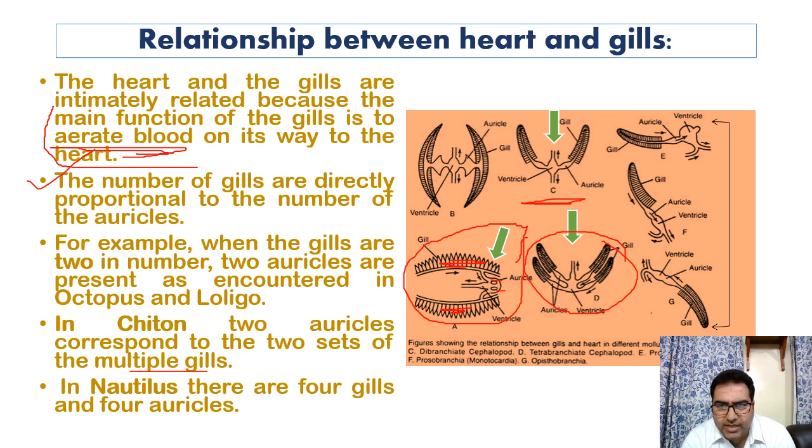So in Opisthobranchia, mesogastropods and neogastropods, when the gill is unpaired, that is, not having any pair, the heart has only one auricle. Here one auricle, herein also one auricle, and herein also one auricle is seen, because only an unpaired gill is present. That is why the auricle is also one.